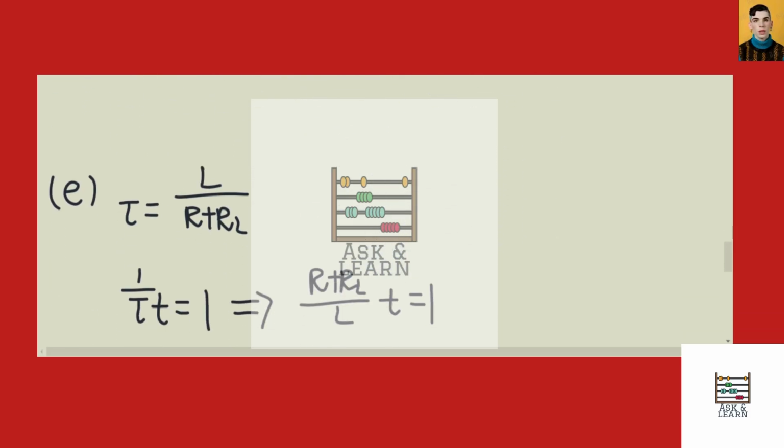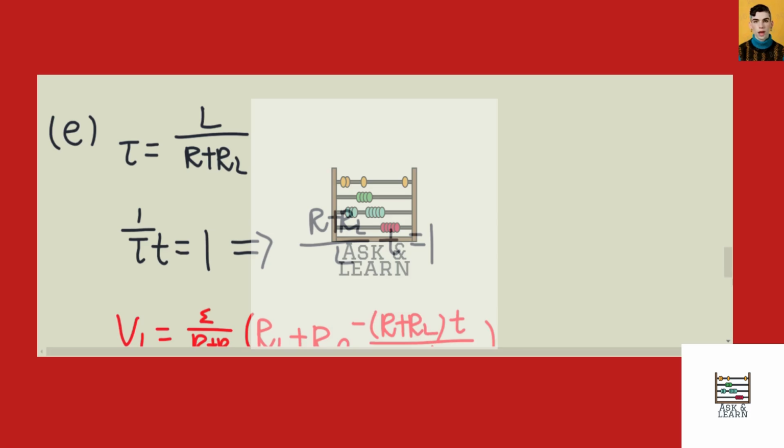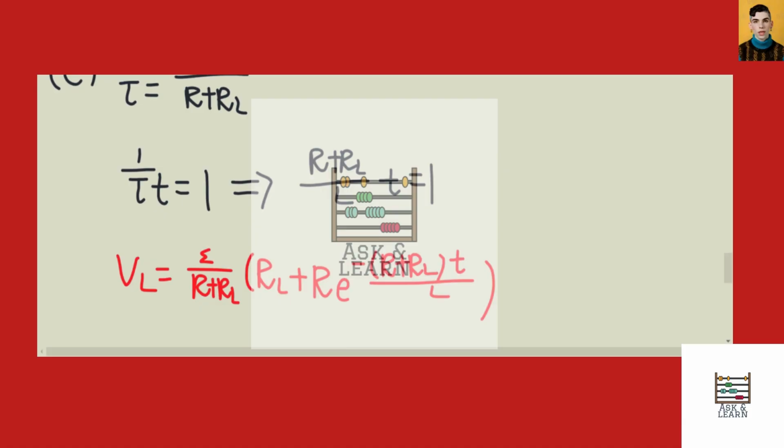For the last question, we know the time constant tau can be equal to L over (R plus RL), and 1 over tau times t should be equal to 1. So (R plus RL) over L times t is equal to 1. We know VL is equal to EMF over (R plus RL) times (RL plus R times e to the power of negative (R plus RL) times t over L).